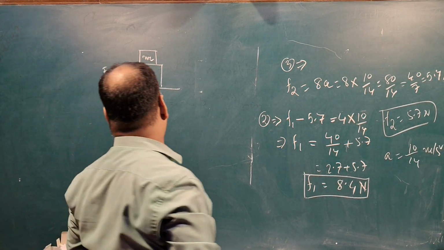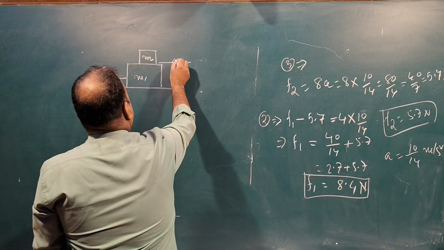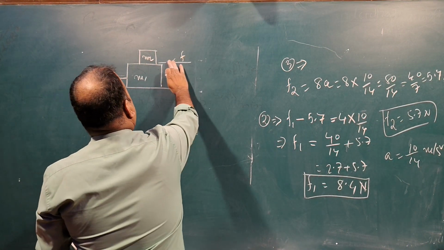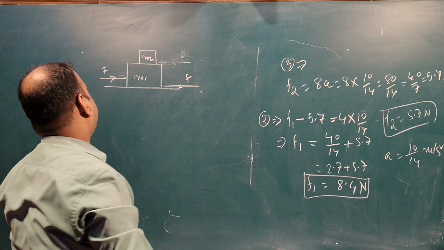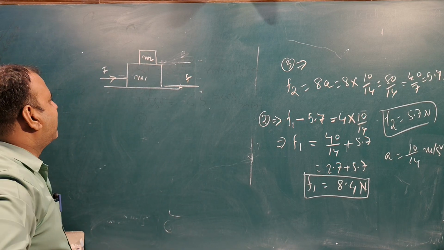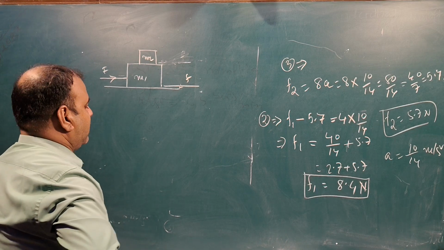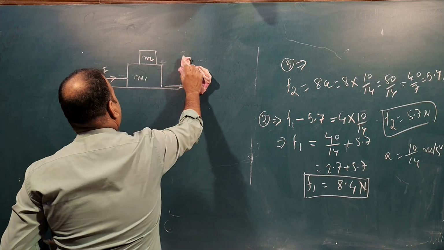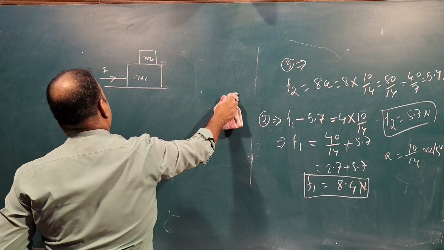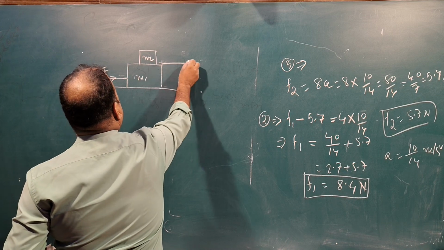So due to the applied force, one frictional force is there, which we consider as f. Frictional force we consider f. So in this diagram, you always remember the frictional force, normally it may be given here, or the frictional force will also develop here.